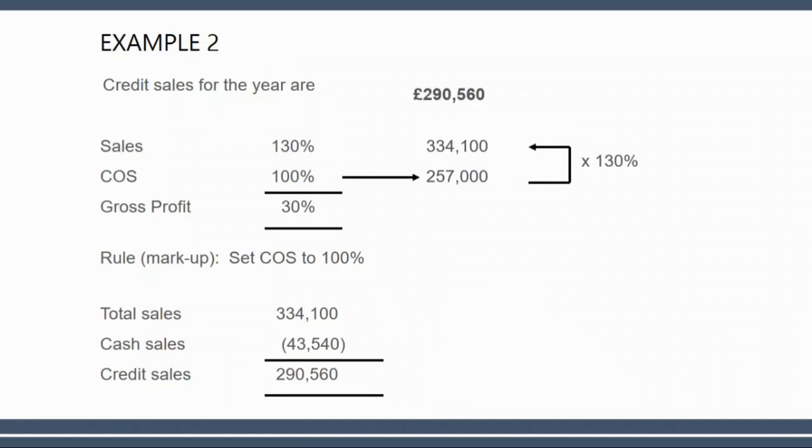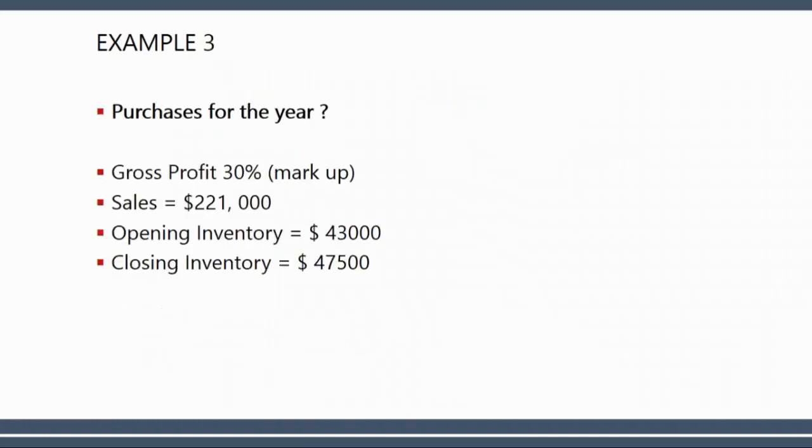Let's do one more example now. Example number 3, purchases for the year. What they told us is gross profit, which is in terms of markup, sales value, opening inventory and closing inventory. I know that from gross profit and sales, I can find out cost of sales.